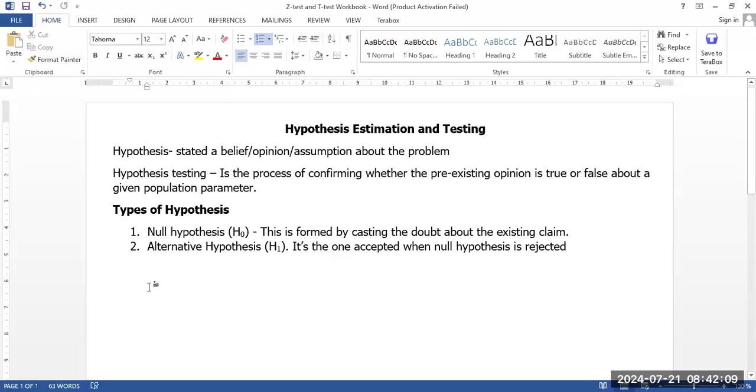But you see, we are talking about rejecting and accepting. Along the process, you are the researcher, and you may make errors. So we have what we call types of hypothesis errors.